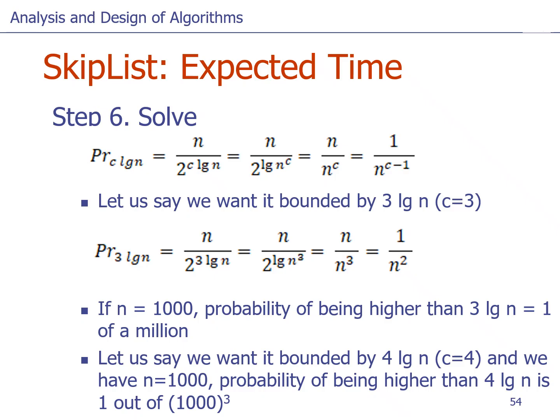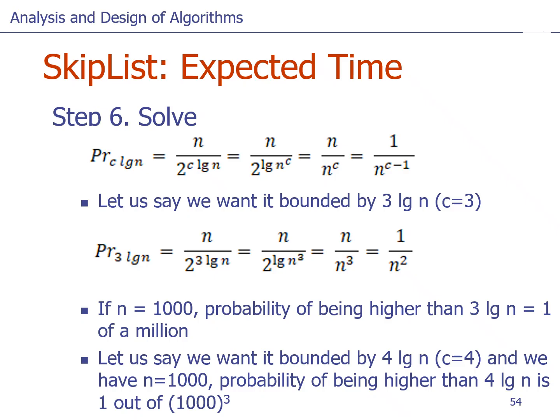So I'm assuming here it's going to be 3. I could assume it's going to be 4 or 5. And in fact, 3 is a conservative value. I'm not putting it to prove my case. I'm putting it to show how strong my case is, because c is a very conservative value, being 3. But if we plug in the numbers with 3, we're talking about the probability of some element going upward all the way to level 3 log n.